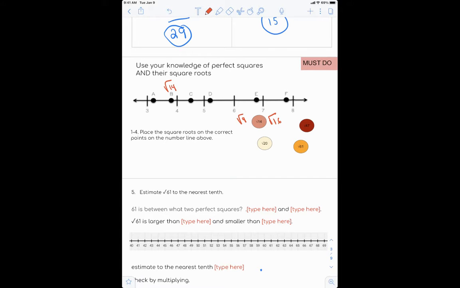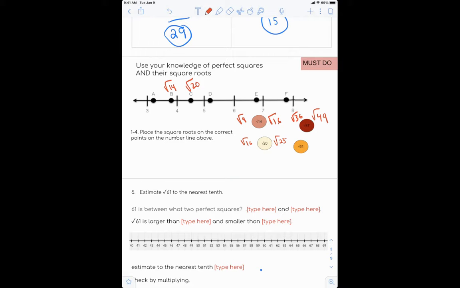The next square root is 20, and I know the square root of 20 sits between the square root of 16 and the square root of 25. It's actually just about in the middle there, a little bit less, so I'm going to go with point C and put the square root of 20 at point C. The next one I'm going to look at is the square root of 47, and I know that sits between the square root of 36, which is 6, and the square root of 49, which is 7.